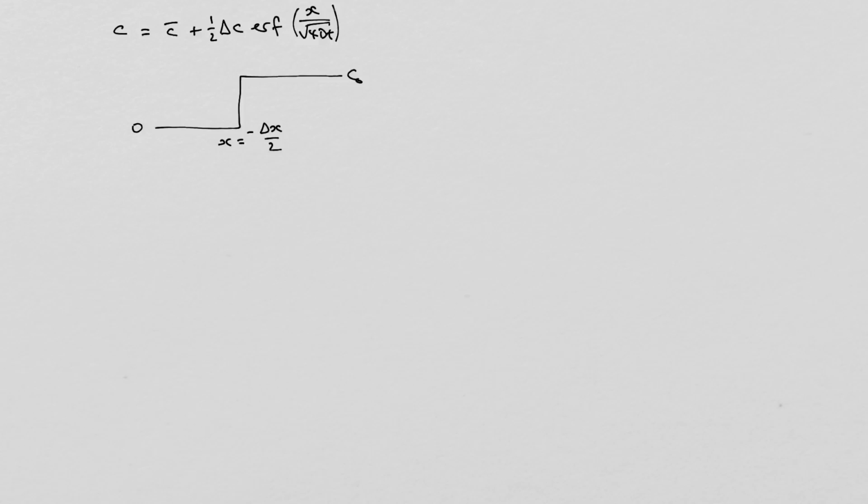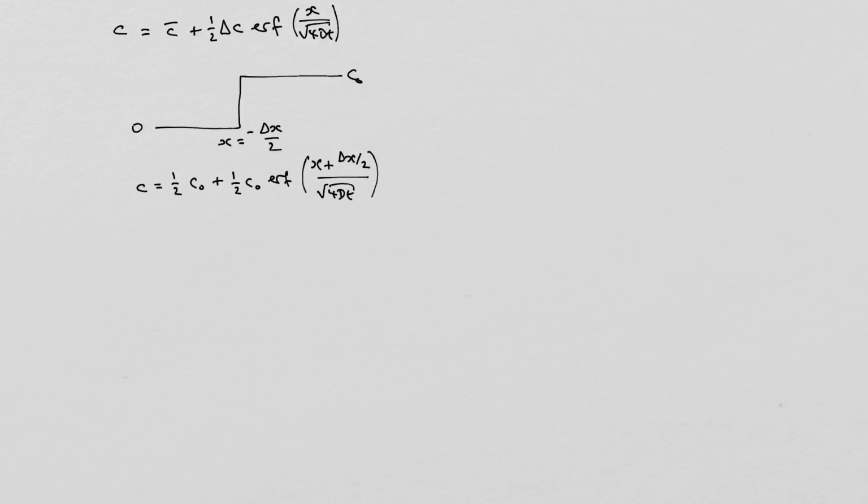And so all I need to do is to shift my solution to the left by delta x over 2. So hopefully it's clear that this would have a solution a half C0 plus a half C0 error function of x plus delta x over 2 over square root 4Dt.